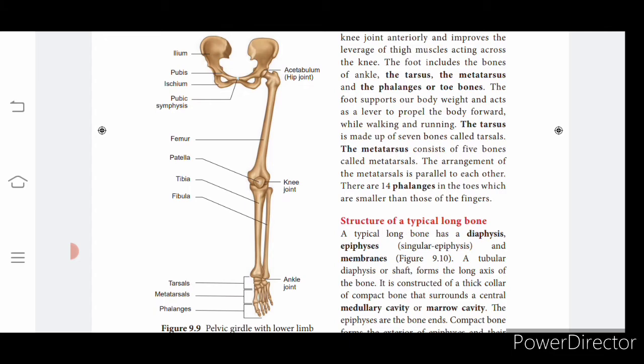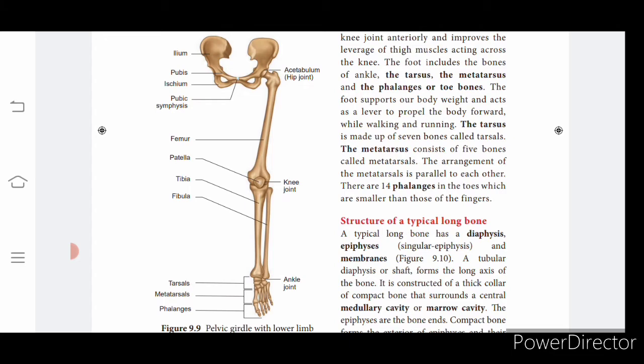Then you have the knee. The knee has the patella as a bone present on top of the knee joint. Then you have tibia and fibula. Below that we have the ankle, similar to the wrist, in the leg.